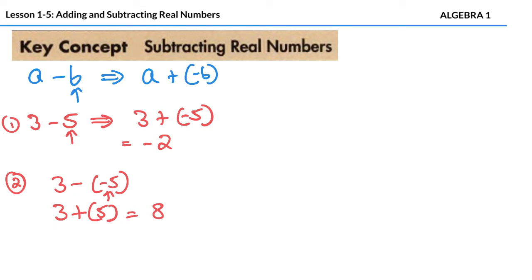And we know how to add two real numbers, and the two real numbers over here are both positive. So, add them and put the positive sign. So, that is how we subtract real numbers. To subtract real numbers, keep the first number the same and add the opposite of the second number. Let's try some problems over here.